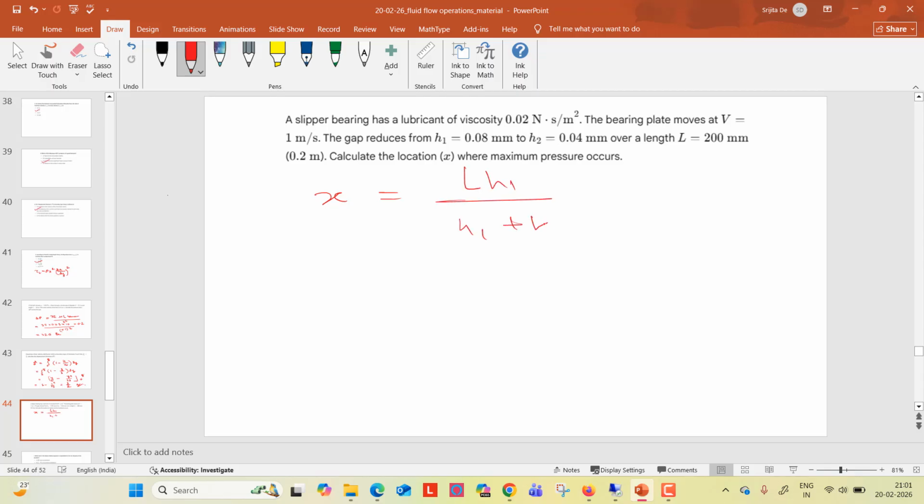So it is 0.2 into 0.08. This is not in millimeter, this is meter.